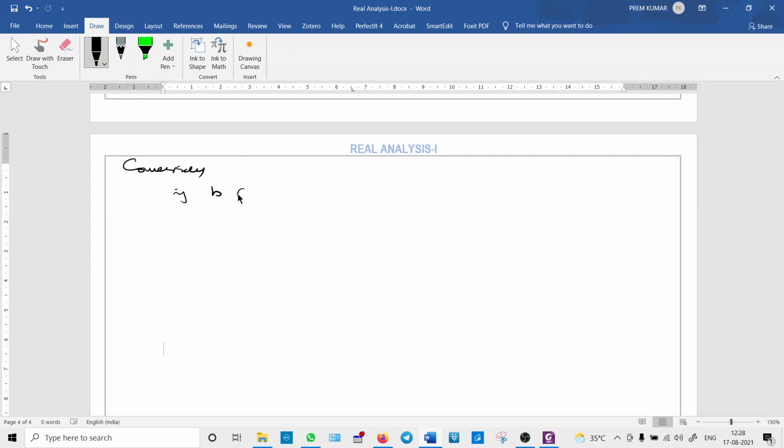suppose I take B as an element of f inverse of X intersection f inverse of Y, then what is the meaning of this?